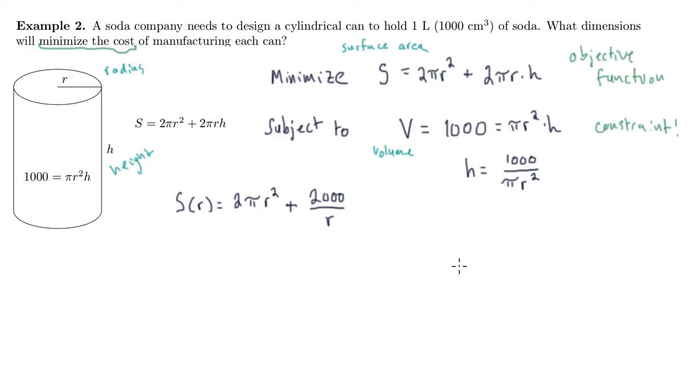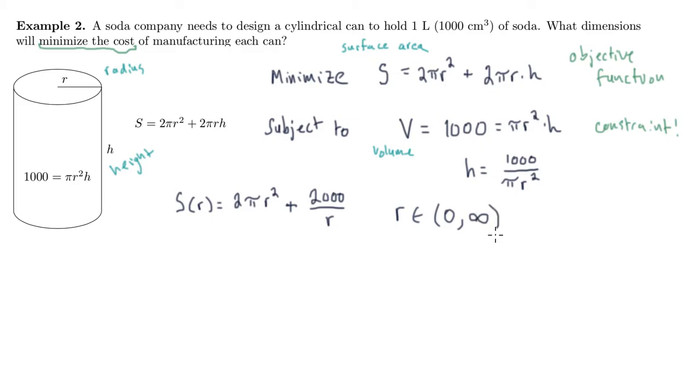Now what about the domain for r? Of course r needs to be positive for sure, but can r be 0? Well actually no, because if r is equal to 0, then the volume's equal to 0, and if the volume's 0, then that violates this constraint. So my domain here is really just that r needs to be positive, but it can't be 0.